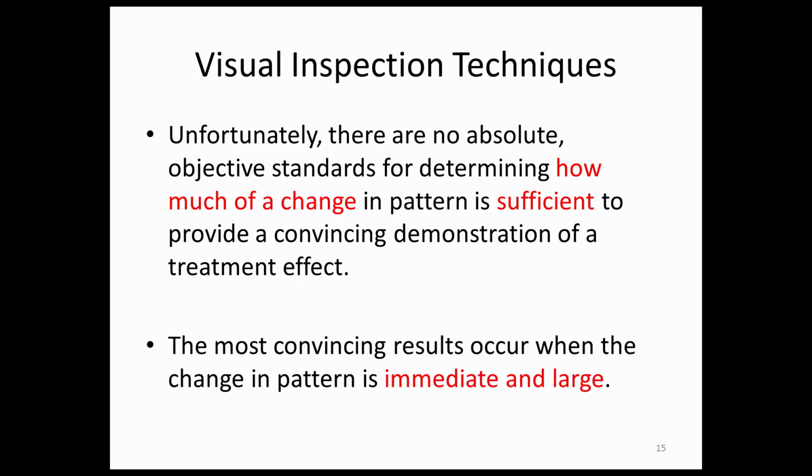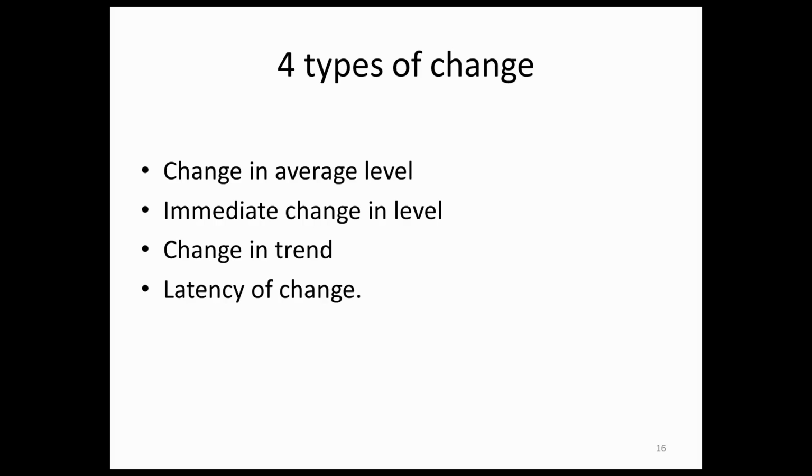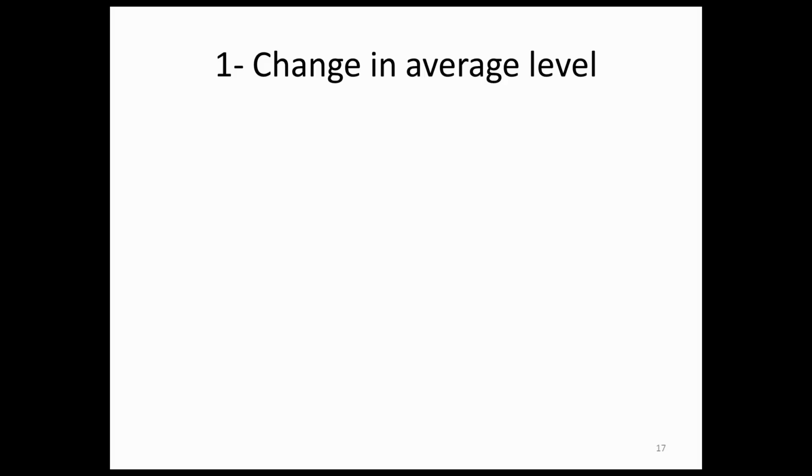So basically you can tell if a treatment is effective if you see an immediate and large change according to the graph. And this change could be in 4 different ways. Could be a change in average level, it could be an immediate change in level, it could be a change in a trend, and it could be a latency of change. So let's see, what does it mean?